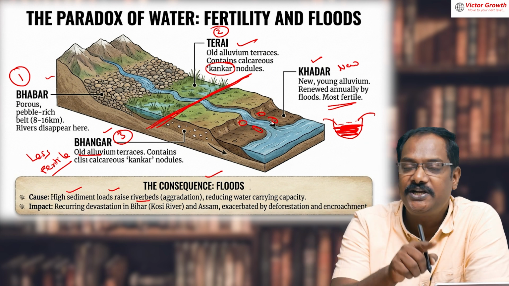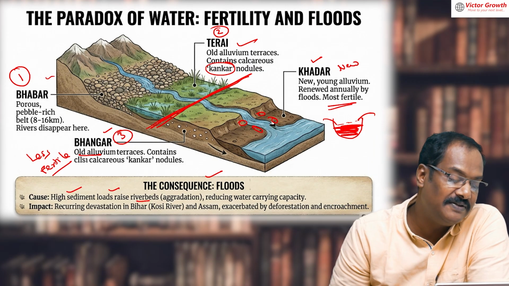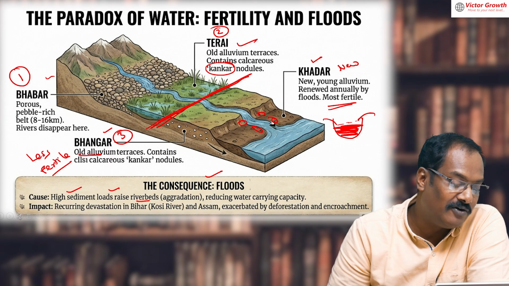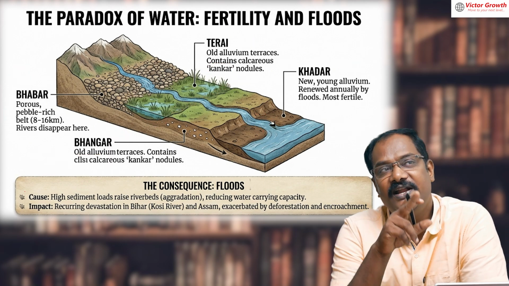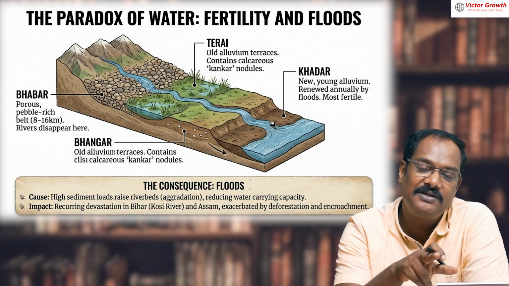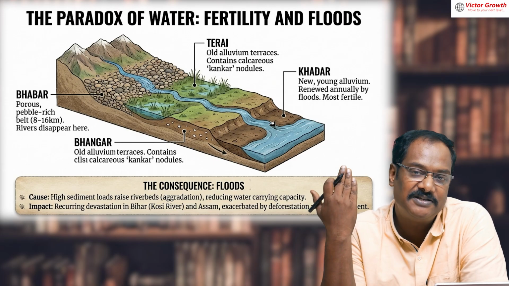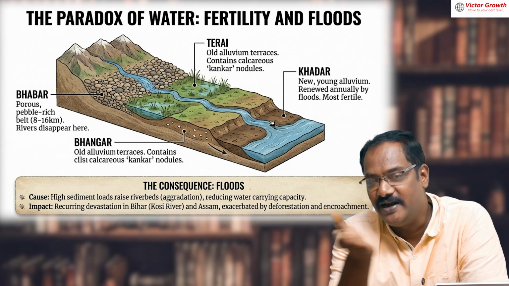So erosion is linked with flooding. Please write down: erosion is linked with flooding, and erosion is linked with deforestation. You may think, how would deforestation create a flood in my home? Because when deforestation happens, erosion and transportation lead to deposition in the riverbed, and their carrying capacity is reduced, thereby flooding happens.